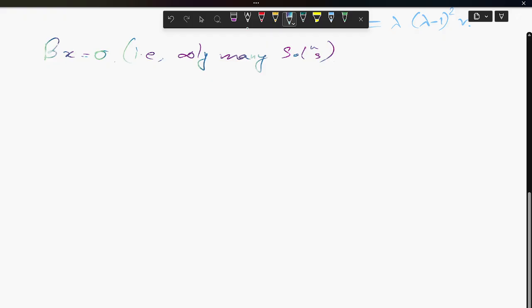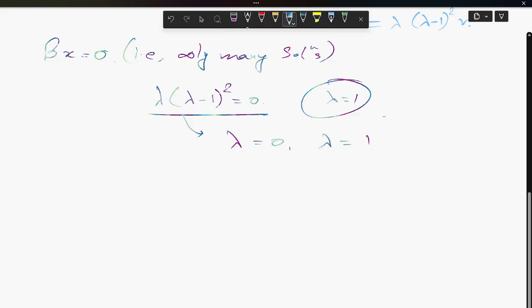So from the eigenvalues of B, we can have lambda into lambda minus 1 whole squared equals 0. As we got lambda equals 1 and 1 is an eigenvalue of A, if we get these things, this implies lambda equals 0 and lambda equals 1.